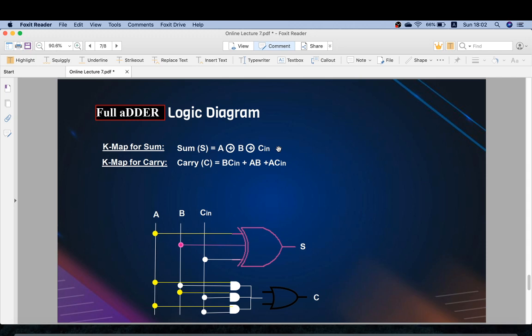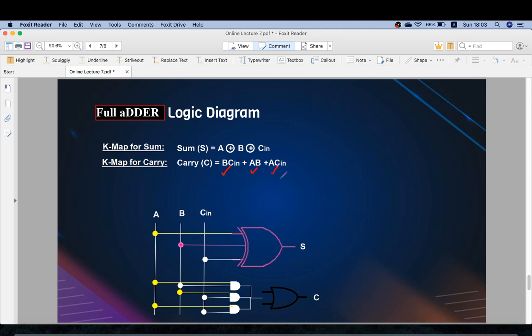From the sum output, it's clear that we will be using an XOR gate, and from the carry it's clear that we will be using AND gates, because there are 3 terms B C in, A B and A C in.